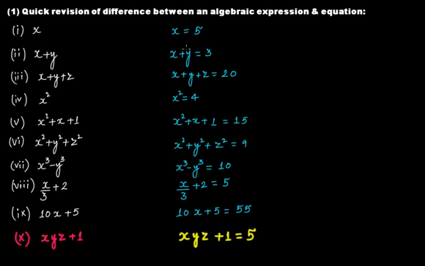Now just take any single one of these, let's say x plus y plus z is equal to 20. In this, the x plus y plus z is the left hand side, and we write it as LHS, that is left hand side, and we have RHS, that is right hand side.